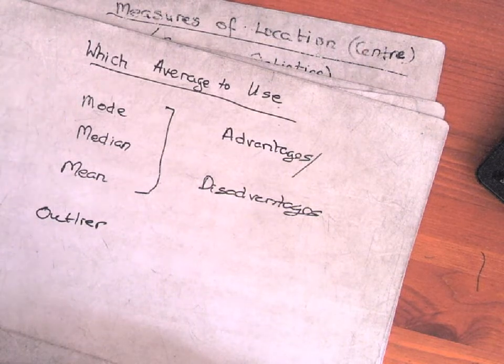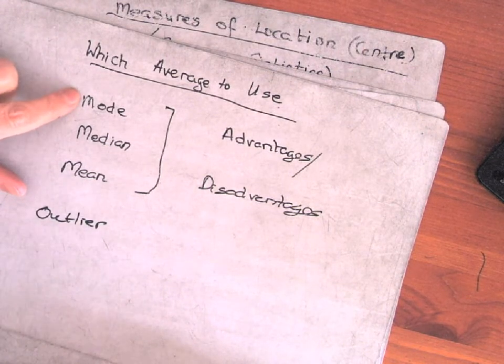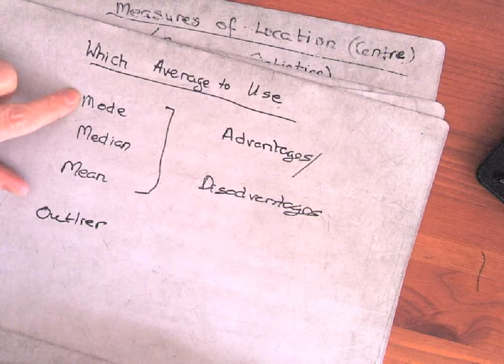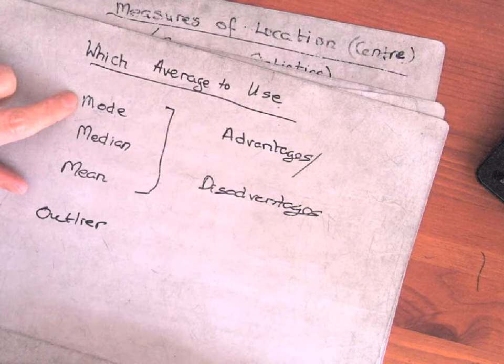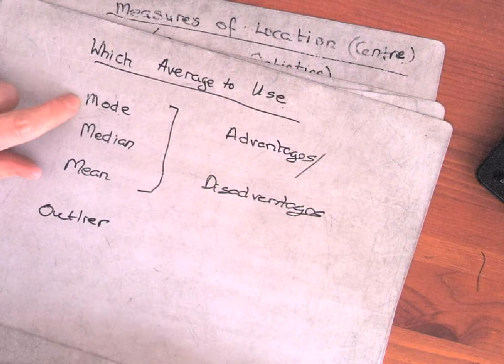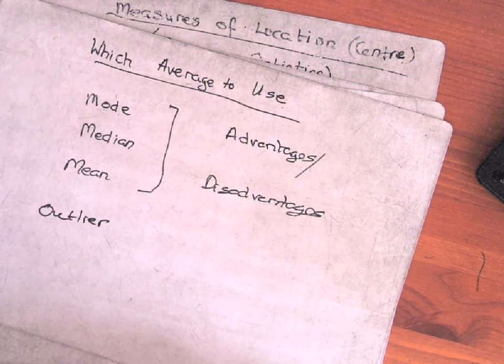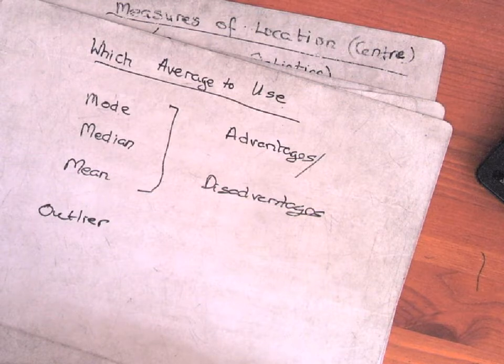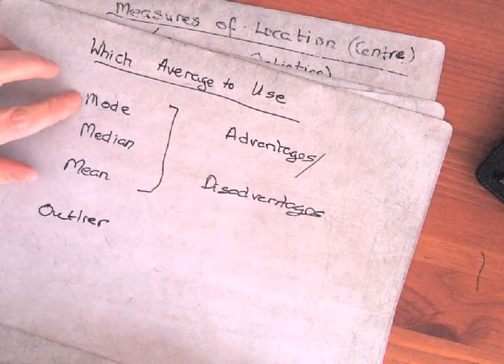Another advantage is it's the only one you can use if you have a list of words. Disadvantages: it's not very useful for further analysis, it doesn't tell you a whole lot, and there may not be a mode.